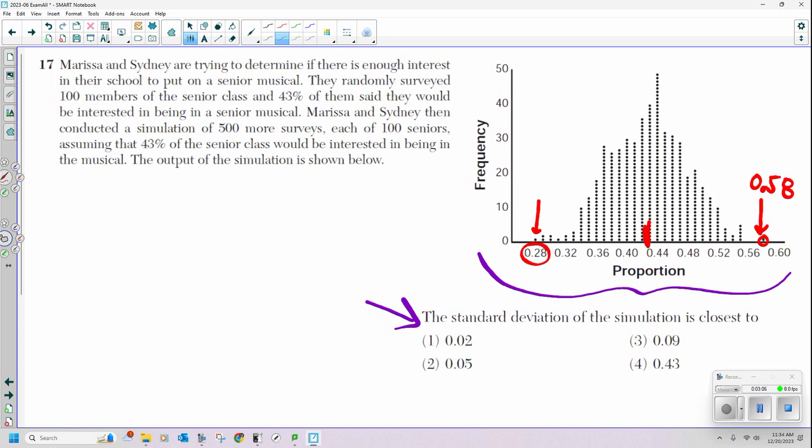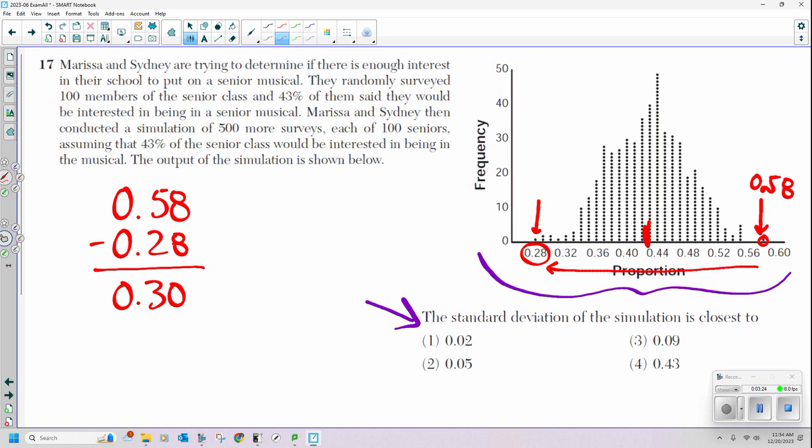So from the first dot to the last dot, 0.58, the extreme dot on the right, minus 0.28, that covers 0.30. So the difference from here to here is 0.30. Now, that's the distance between the two.